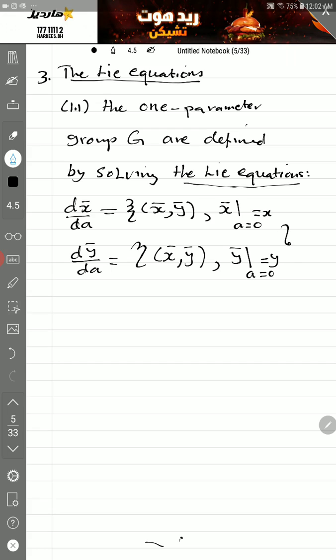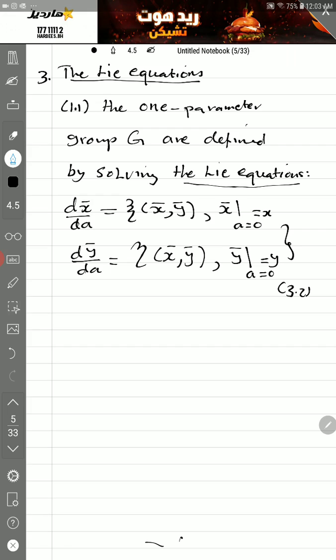I called it 3.2 there. So this is two differential equations. The dependent variables are x bar and y bar, and the independent variable is a. So you need to solve these equations, given zeta and eta, to find x bar and y bar.